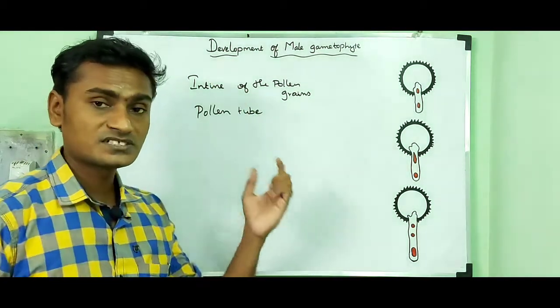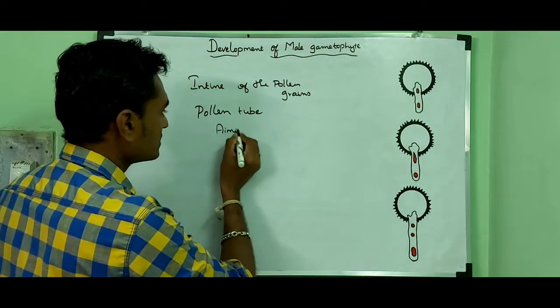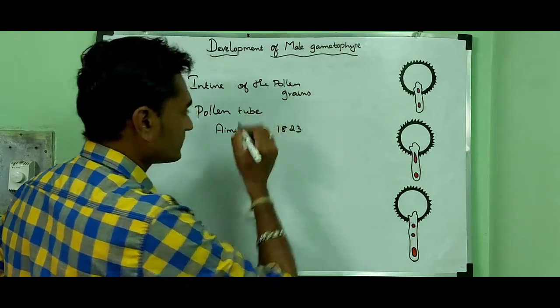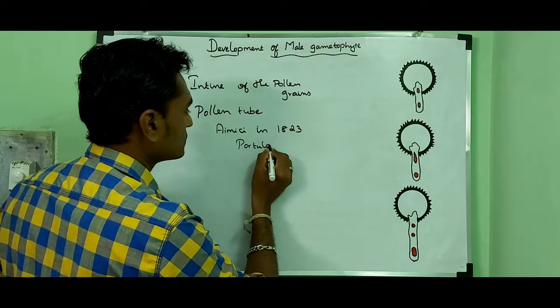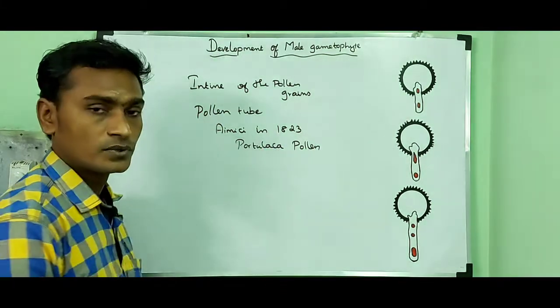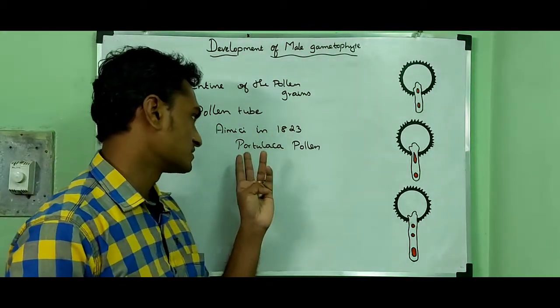It was first discovered by the scientist Amici in 1823 in the plant Portulaca. The pollen tube first discovered பண்ணது யாரு? Amici in 1823. எதுல?